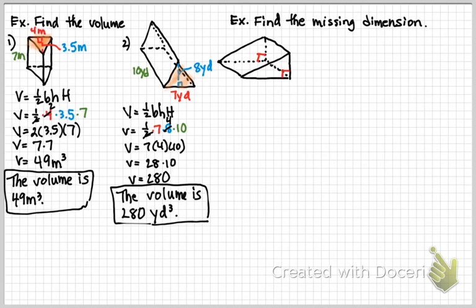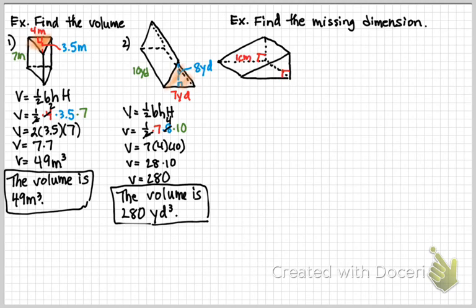So let's start with the base of the triangle. The base of the triangle, that's going to be my red. I forgot what color I was using. So my base is 1 centimeter.